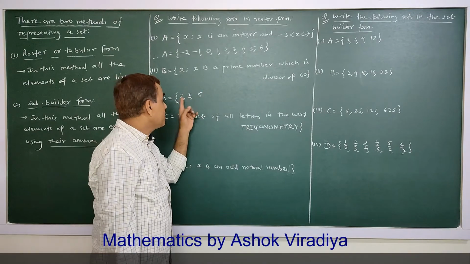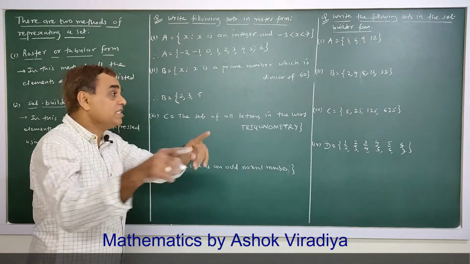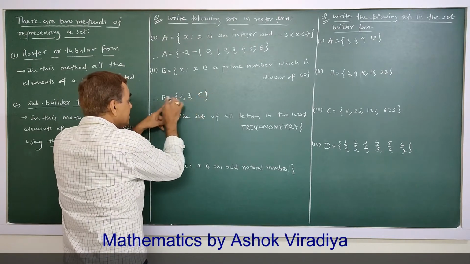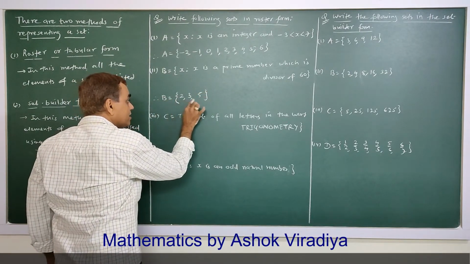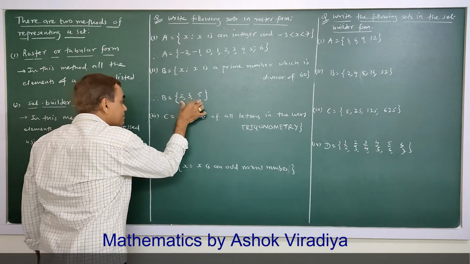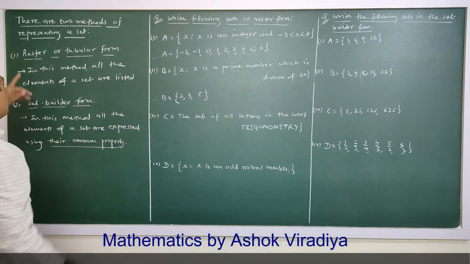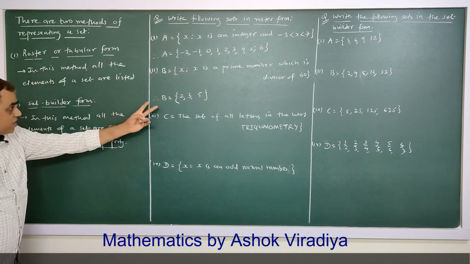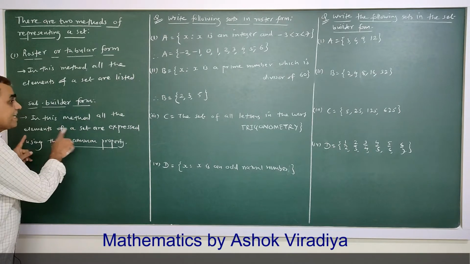So these are the only prime divisors of 60. So the list of elements in this set contains these three numbers. So here the elements are expressed by the listing method. So this is roster form. The set is expressed in roster form and what was given was set builder form.